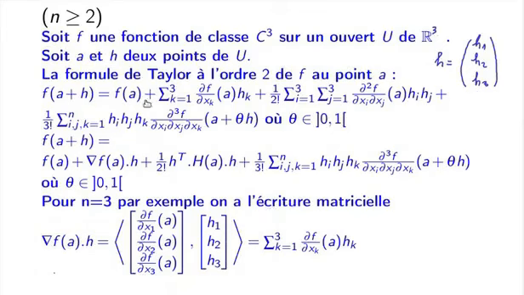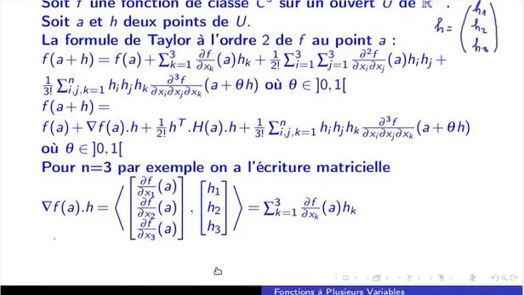The first sum is just a dot product between the gradient of f at point a and the vector h. It's the gradient vector whose components are the first partial derivatives of f with respect to x1, x2, x3 at the point a, dot product the vector h with coordinates h1, h2, h3.